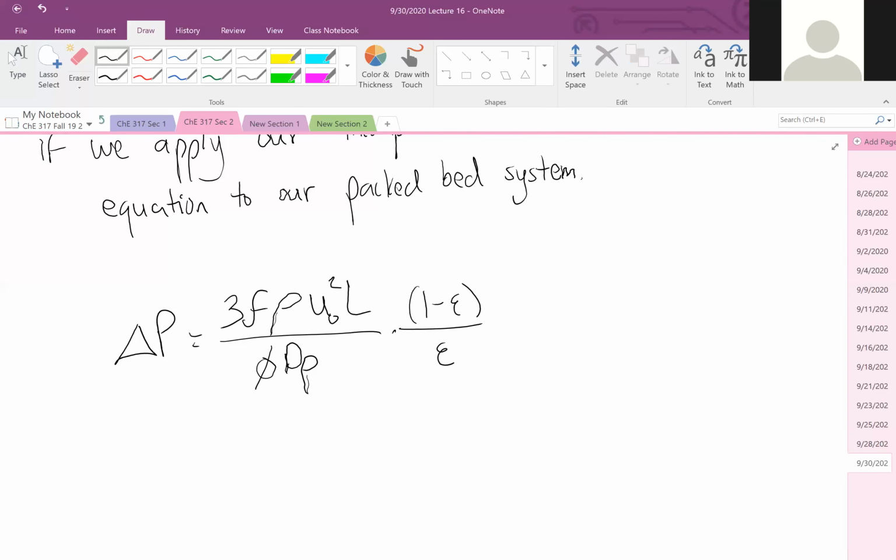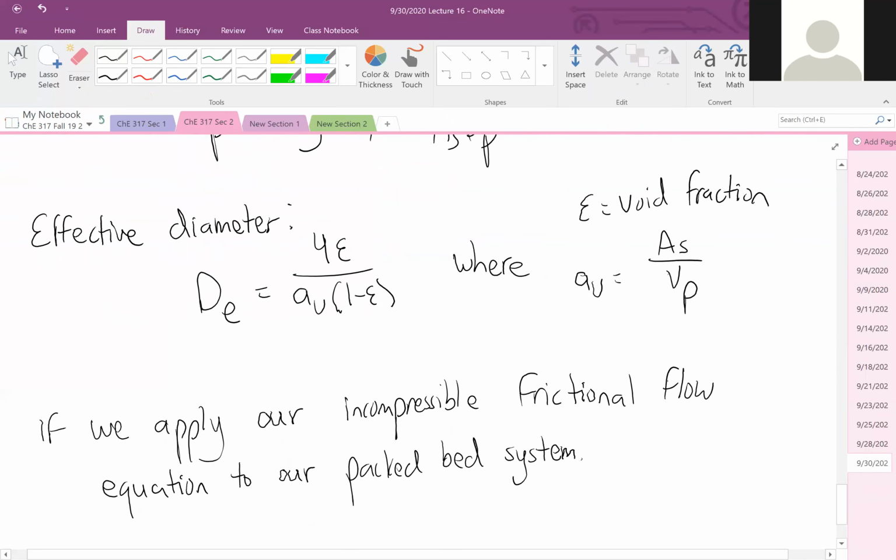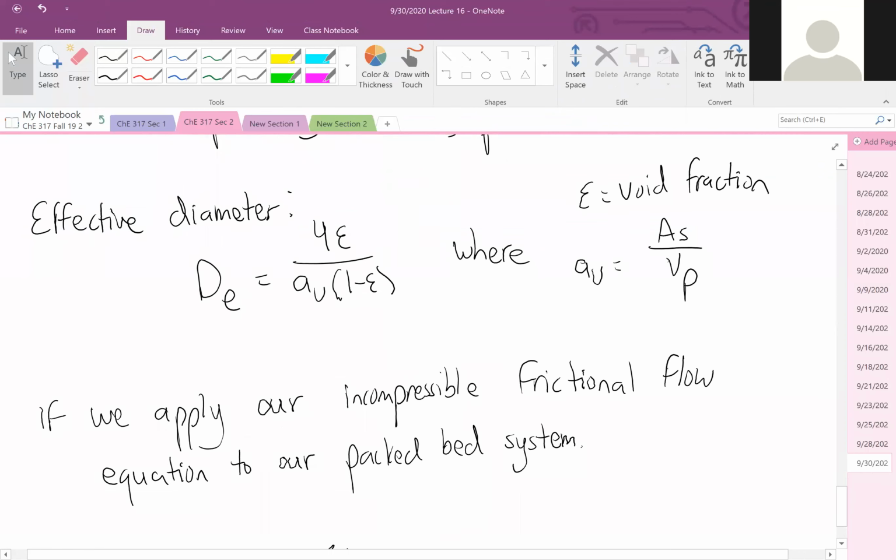Dr. Lopez, going back to your D sub E equation, it's 4 epsilon over A sub V times 1 minus epsilon or 1 minus another value. No, that's 1 minus epsilon. Thank you. Of course. No problem.